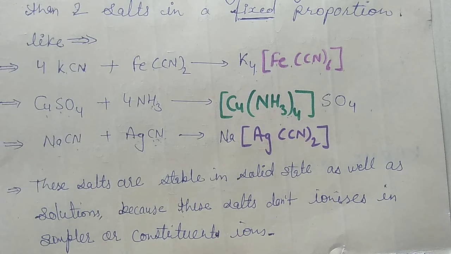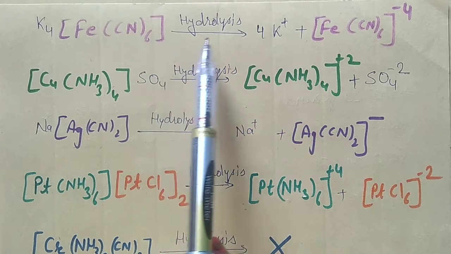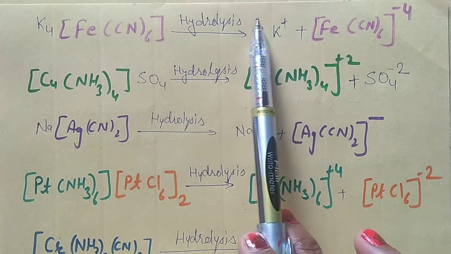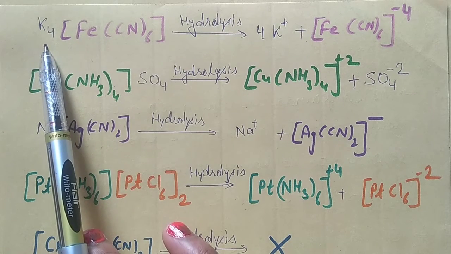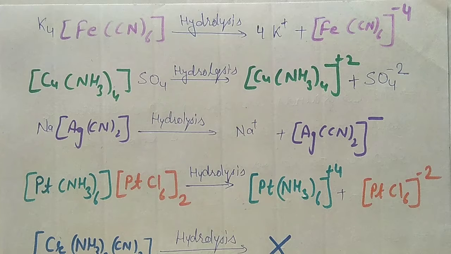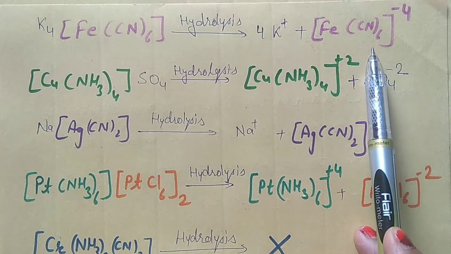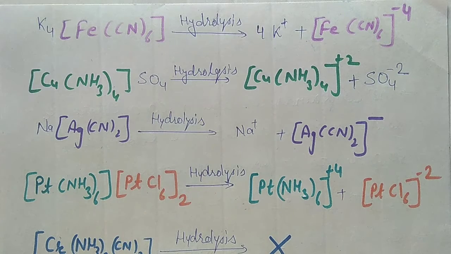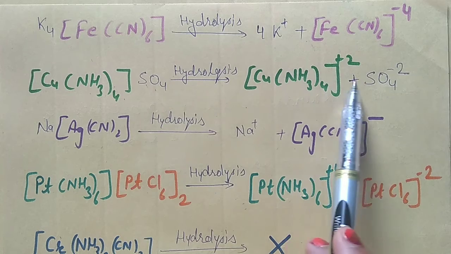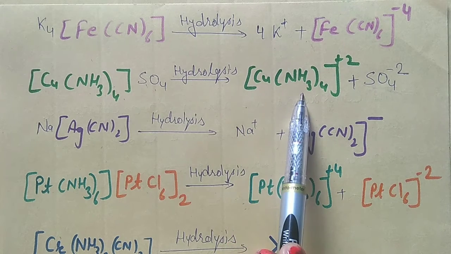See these. When we dissolve K4[Fe(CN)6], hydrolysis occurs, then 4 potassium ions are obtained as we assume, but Fe plus 2 and CN minus are not, while a complex ion is formed. As in [Cu(NH3)4]SO4, we obtain only the SO4 minus 2 ion, not Cu plus 2 or ammonium ion.